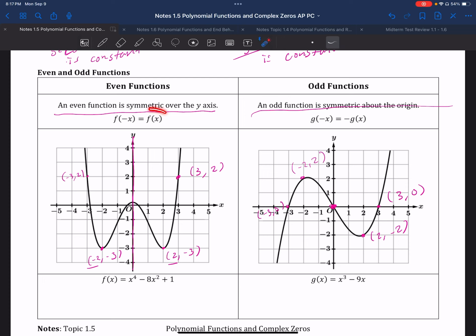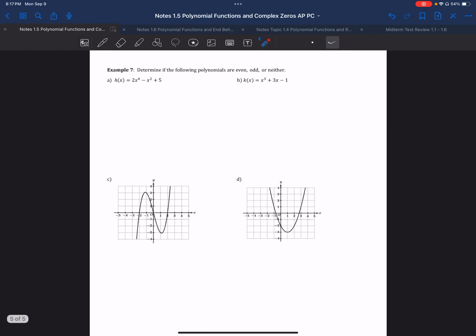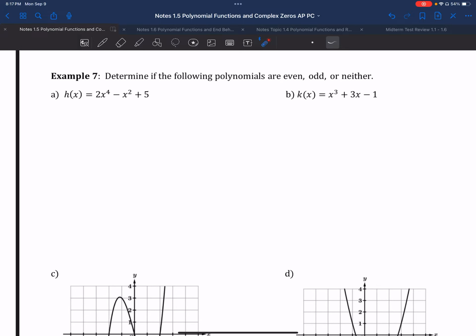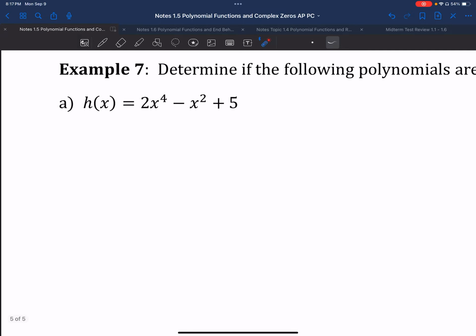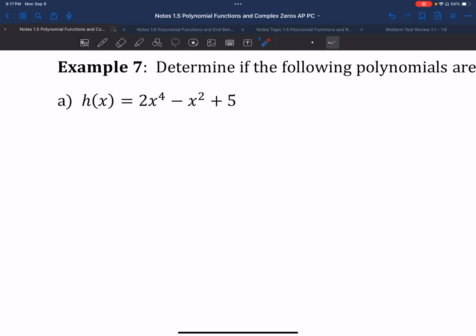You do have to memorize this equation because if they give you an equation, you should be able to figure out if the equation is odd and even based on the equation that was given to you. So if we look at example number 7, we can figure out if this is an even function, odd function, or neither. I do like to check for odd first.